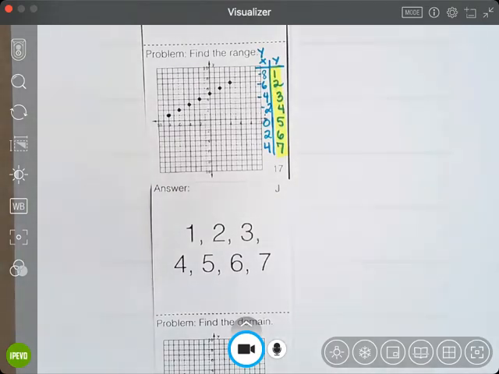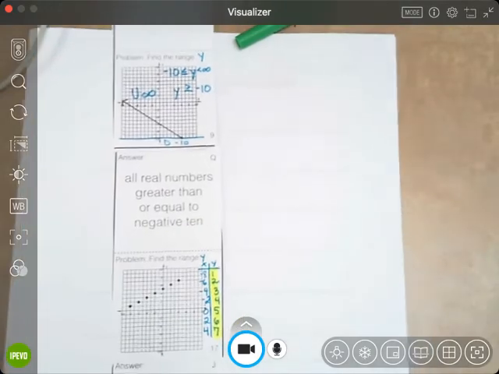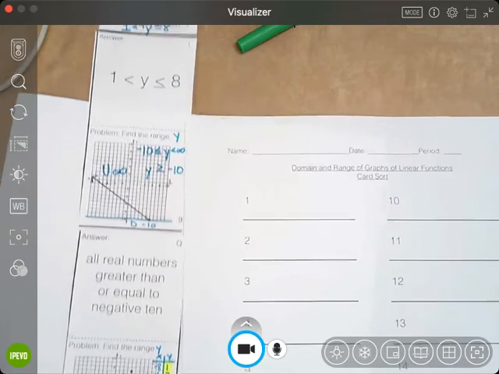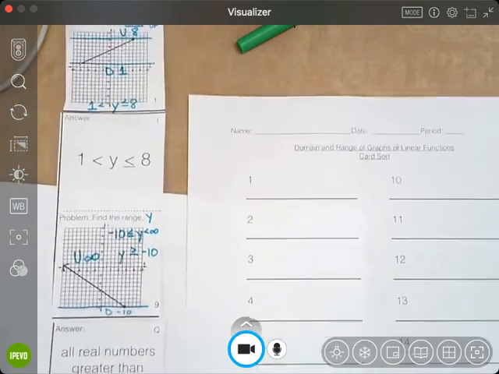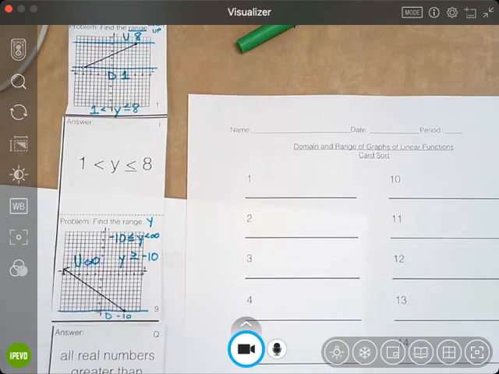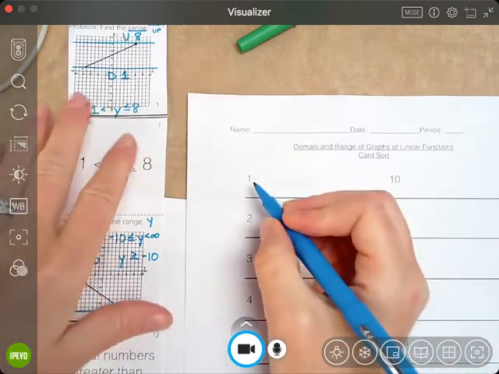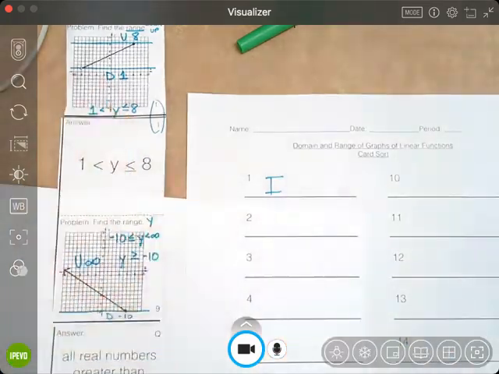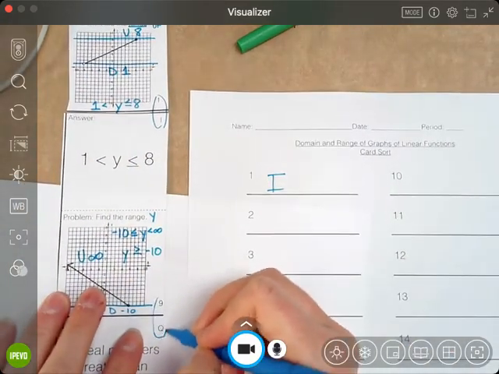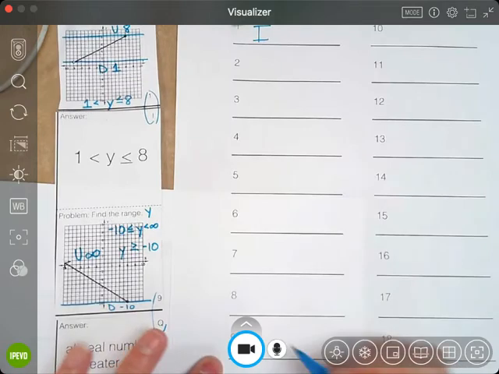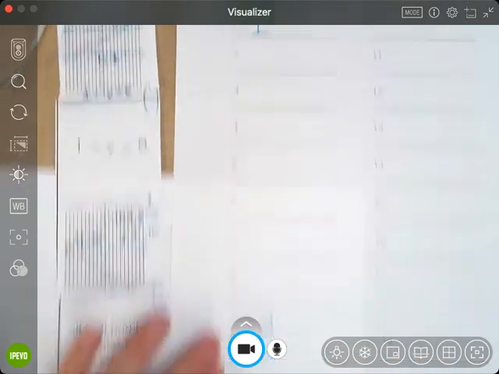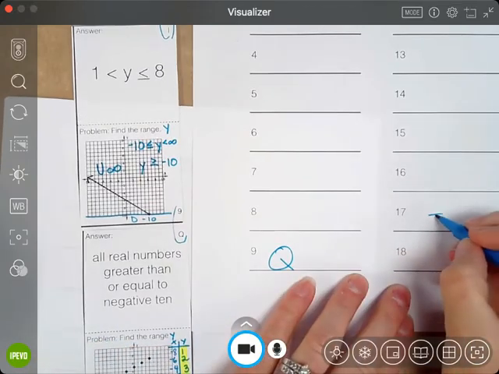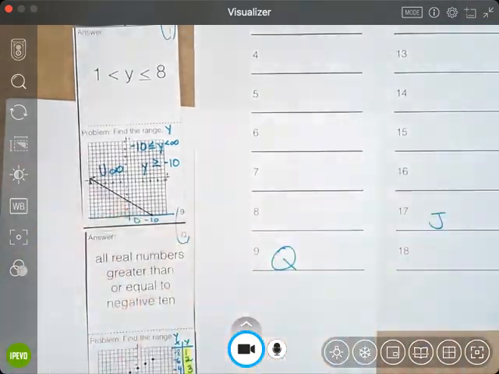And then when you're finished with the whole thing, you will have a card sort paper. And what you are going to do is you're going to write 1 is with I, 9 is with Q, 17 is J. So that is how you are going to write your answers.